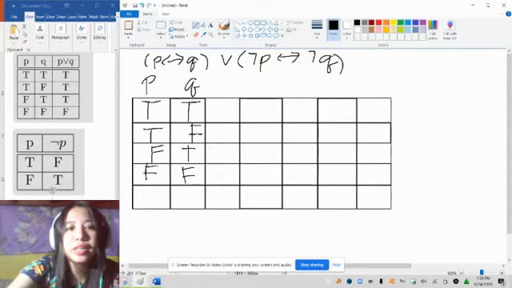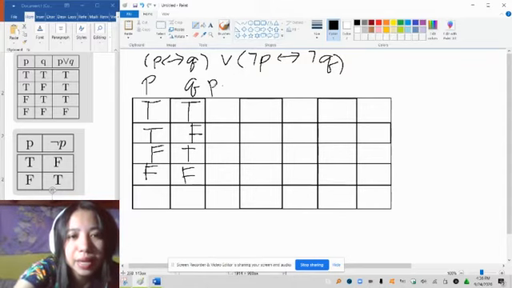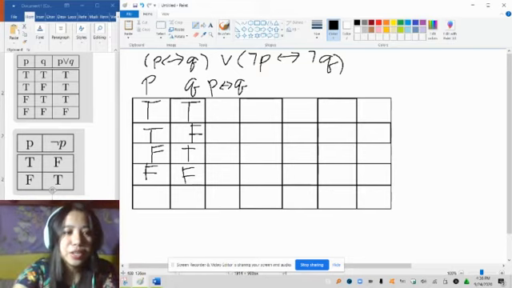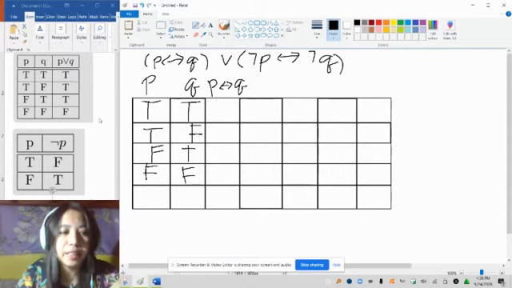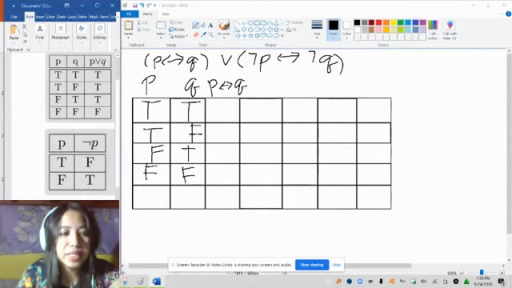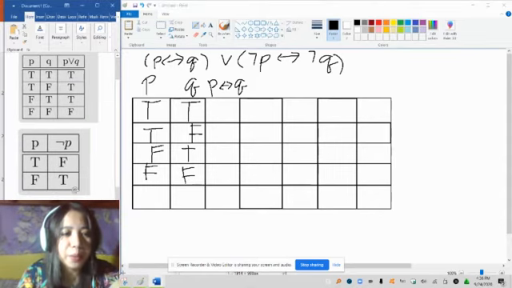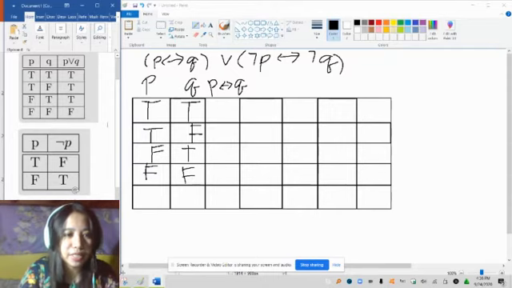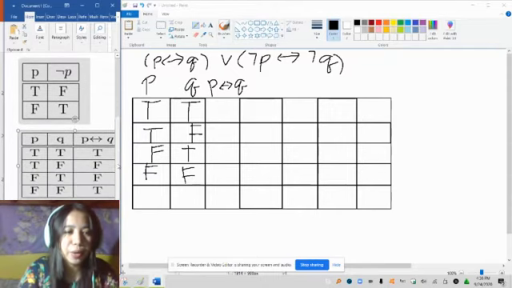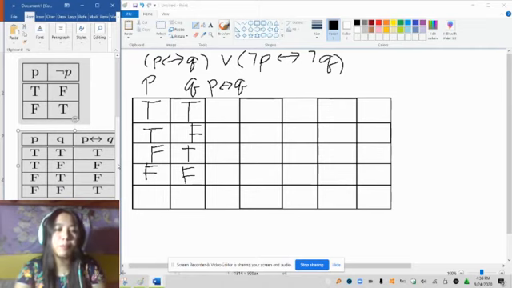Now, what we need to do is to get the P if and only if Q. So our rule for P if and only if Q is that if both statements are true and both statements are false, the answer is true. So let's just go back to that so that you can also see what I am talking about.